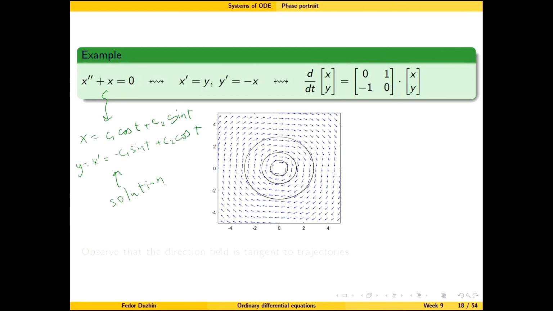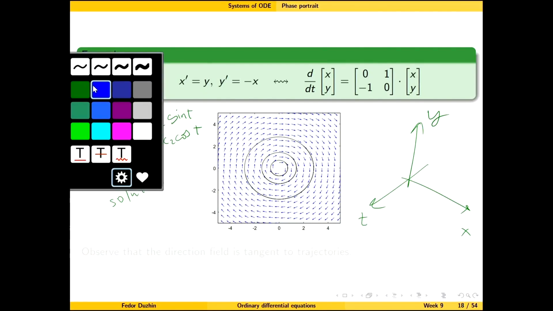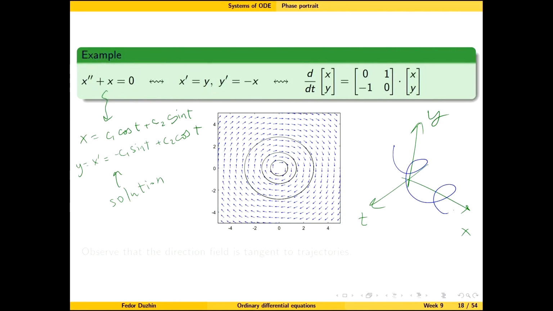but if we want to truly plot the graph of a solution, we should plot it in 3D space rather than in 2D, because we would have three coordinates, t, x, y, and the full solution is going to look like a spiral.